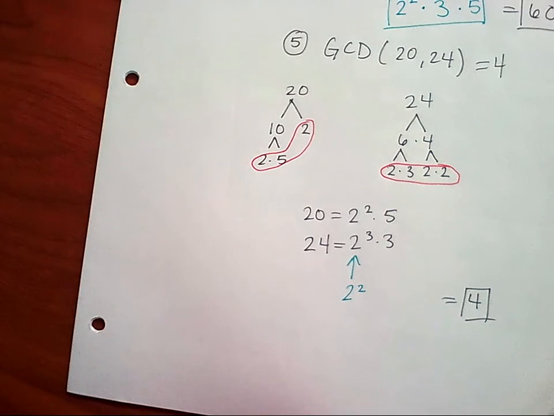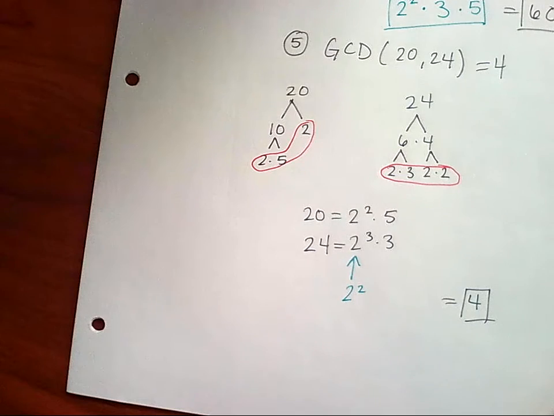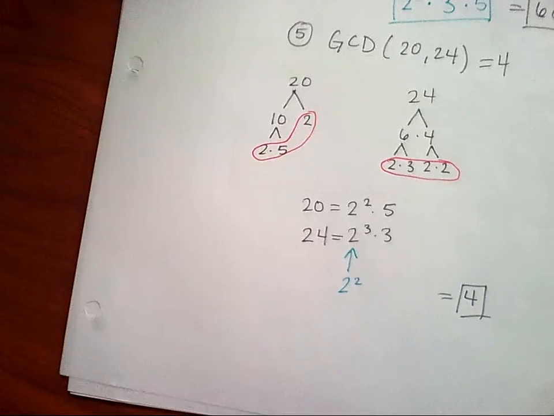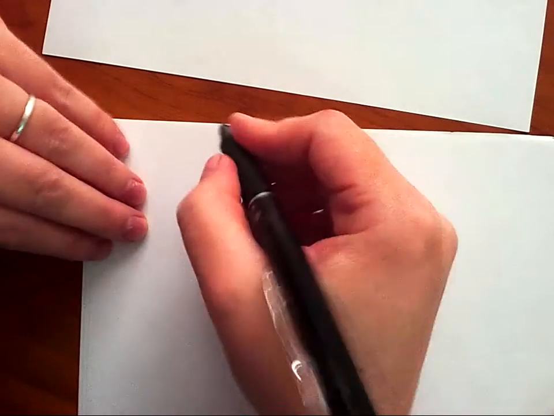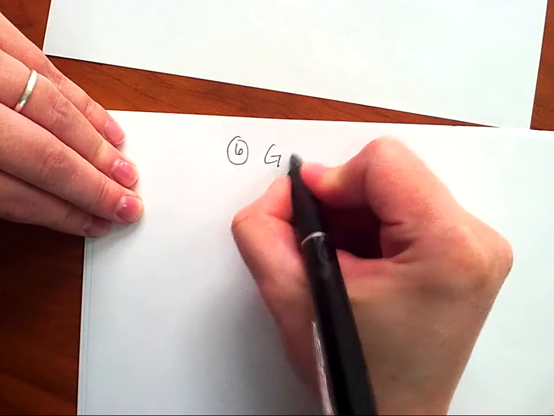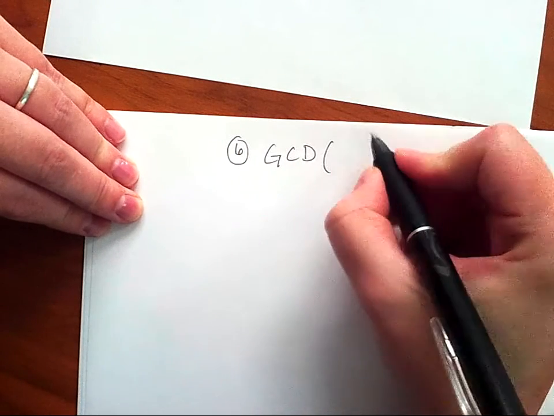How do you guys feel? Is it okay? All right, let's do the last one as a quiz. You guys all get it. Let's do it quick. Take out a blank piece of paper. Put your name on it. I'm looking for the GCD.